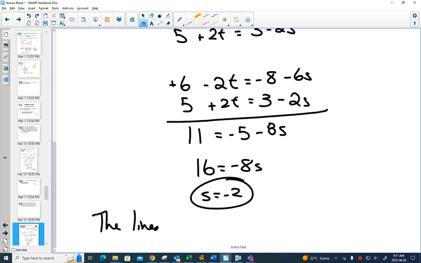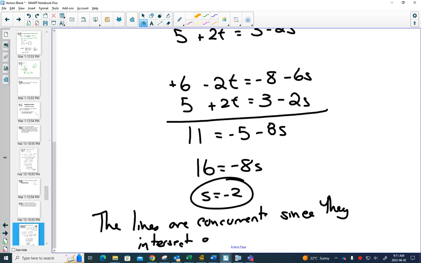So we can write a statement. We can say that for sure we know that they're concurrent since they intersect at -2, 7.